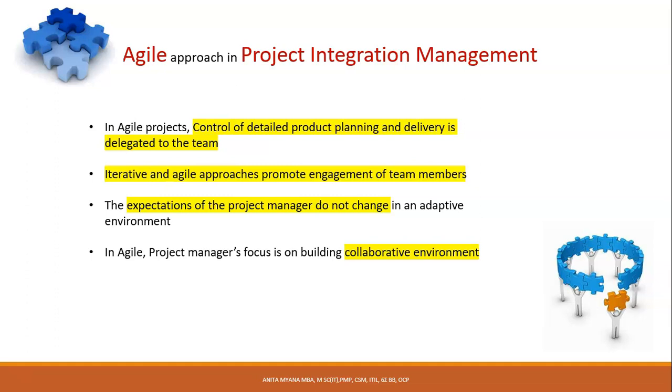As we know, in Agile projects, the development is carried out in an iterative fashion, and planning has to occur at the start of each iteration. So, the entire team is involved in planning and delivery. That means the responsibility doesn't lie with the project manager alone. It is delegated to the team as well.